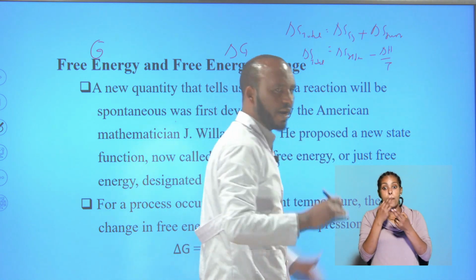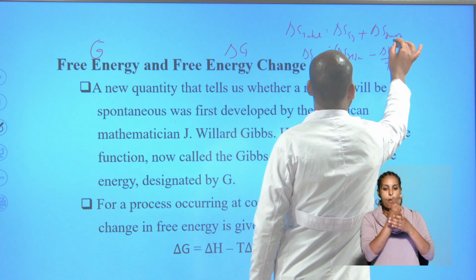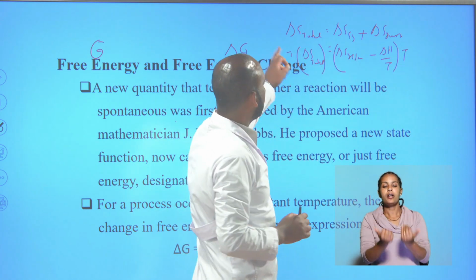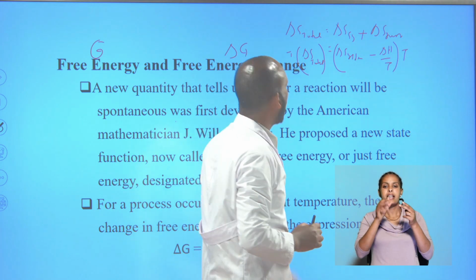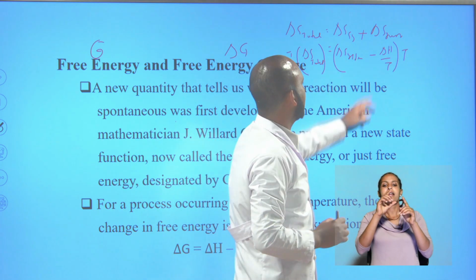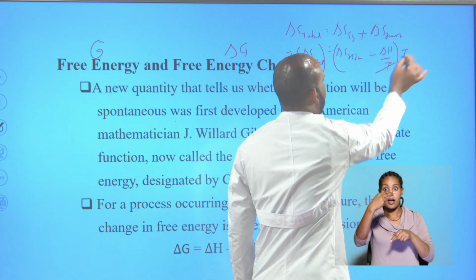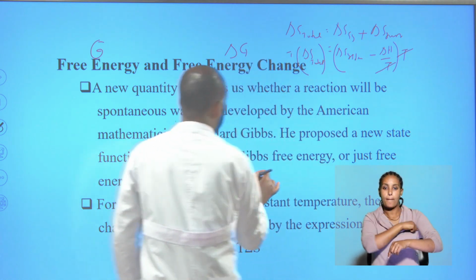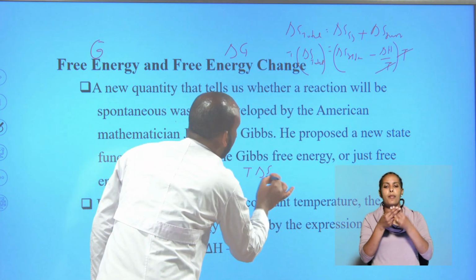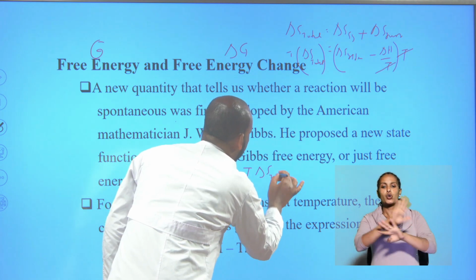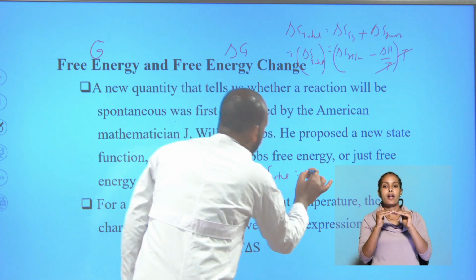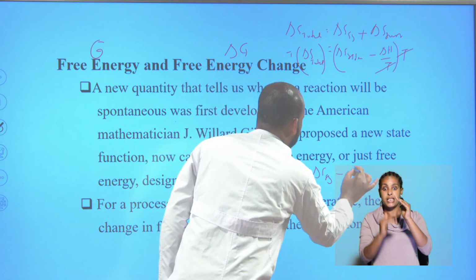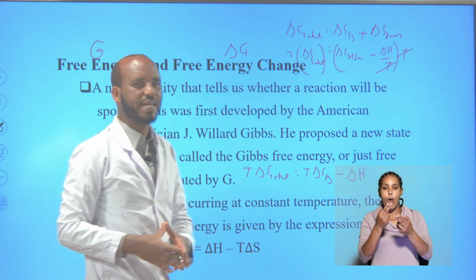If you multiply both sides by temperature, now T times delta S total equals T times delta S of the system minus delta H. The temperature cancels in the denominator, so T times delta S total equals T times delta S of the system minus delta H. Now multiply both sides by minus 1.